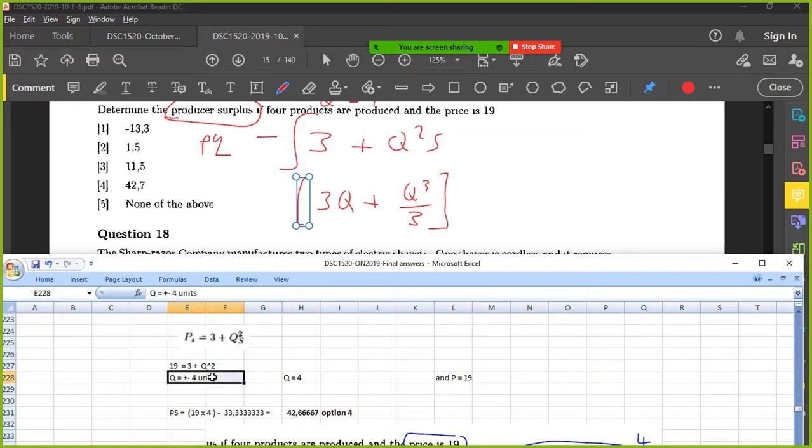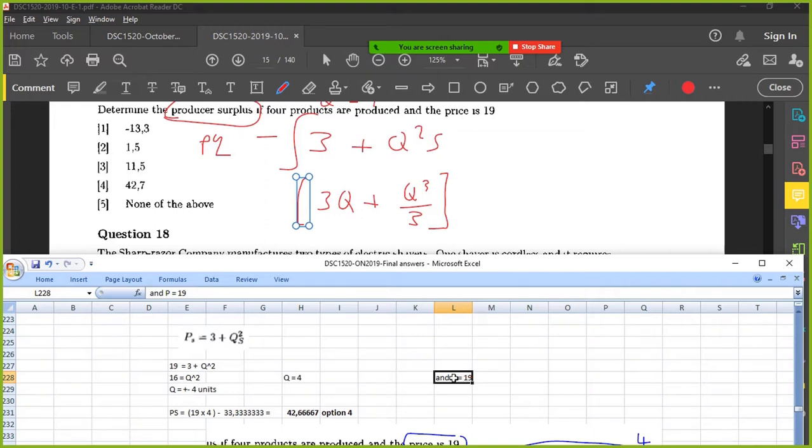Let me show an extra line here. I'll have 16 equals Q squared. Okay, then obviously Q can be plus minus 4. Okay, but you can't have negative quantity, so Q must be 4. Right, so now you've got Q4 and P19.